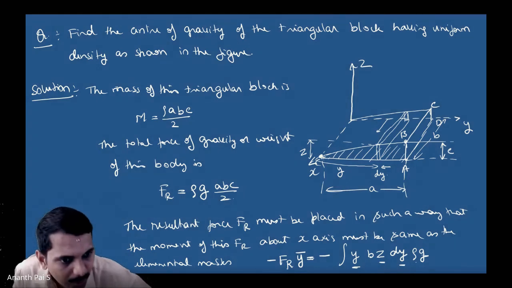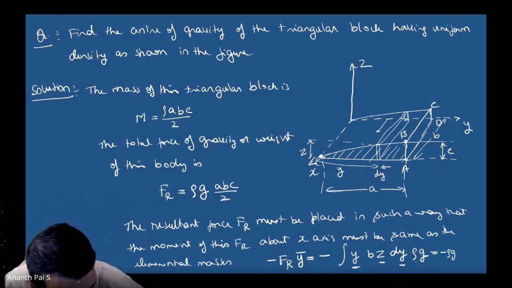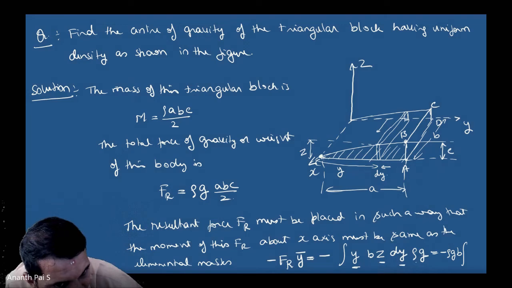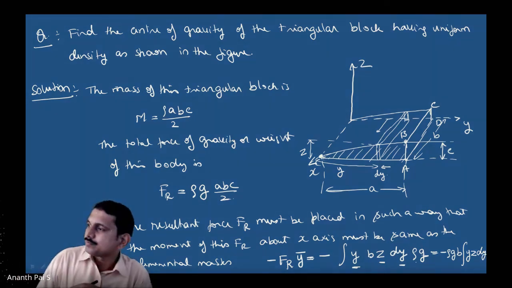So I can write this as equal to minus of, I will take out rho g b, and inside the integration I will write y z dy. Correct, students? y z dy.